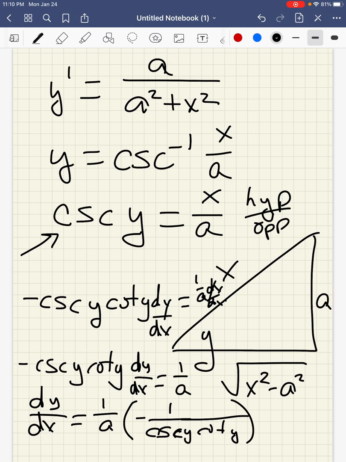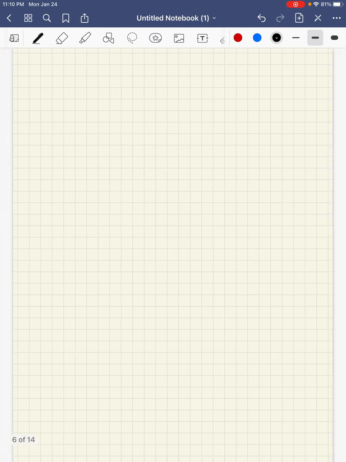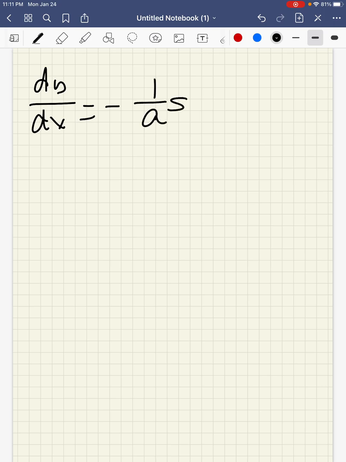And then 1 over cosecant is sine, and 1 over cotan is tangent. So then we get dy dx is equal to negative 1 over a sine y tan y.